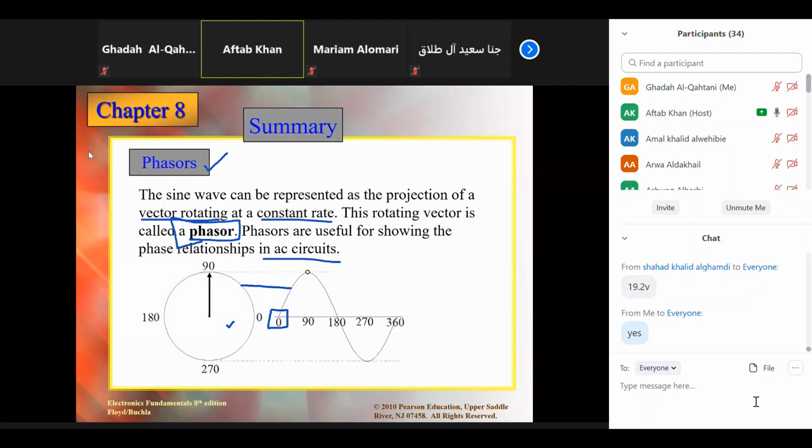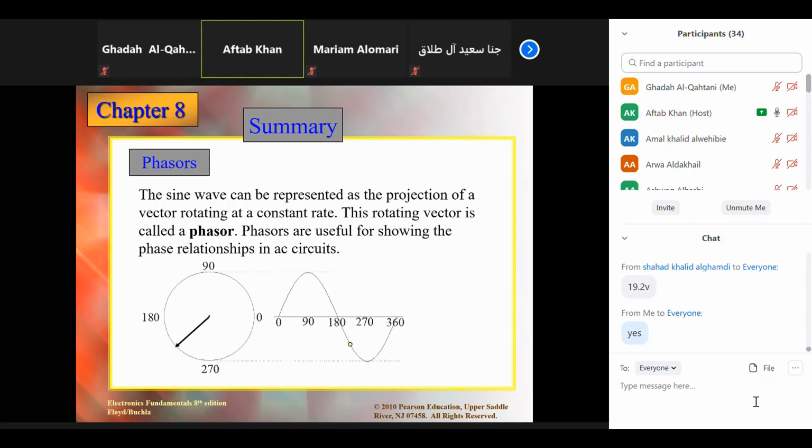Now if we go further, you will see the vector goes down and the angle is increasing, but the value is reducing now. Next, we reach 180, which is the same point as the zero crossing. At 180 it is on the same line, but the direction is changed.